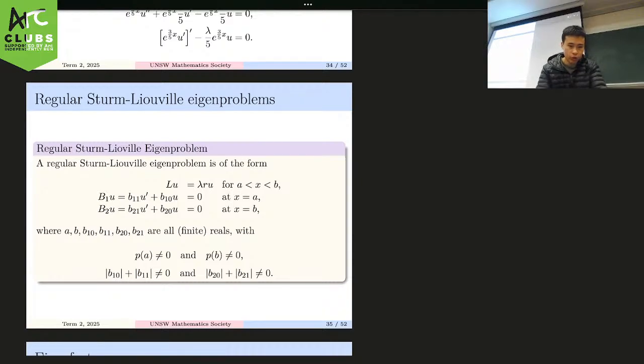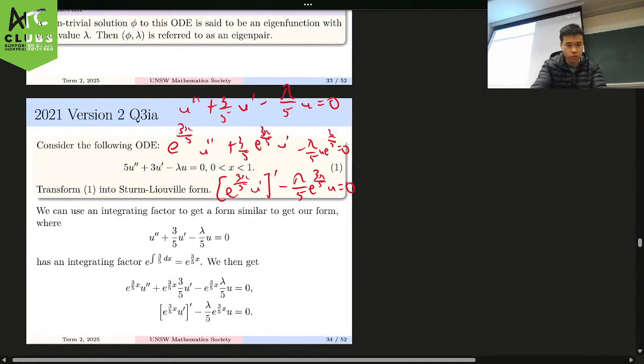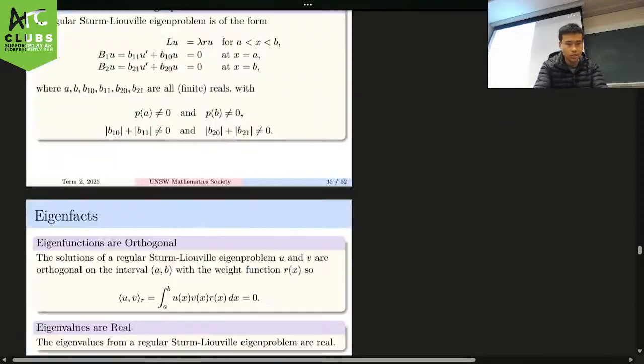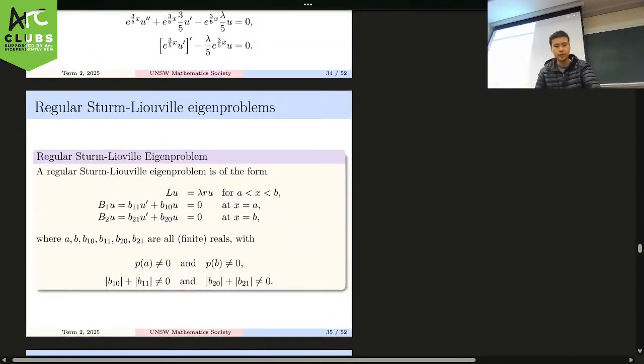Whatever your p is in the Sturm-Liouville form, this thing here, you're just assuming that's not 0, so you don't assume it's singular.